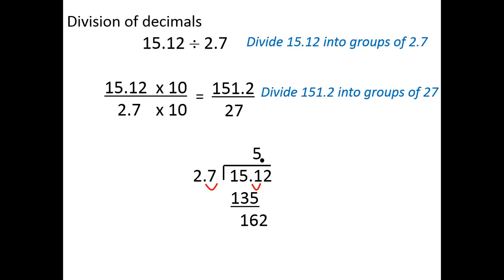And when we do our division, we find out that we have a quotient of 5.6. So if we were to divide 151 and 2/10ths into groups that each contain 27, we would have 5 and 6/10ths groups. Remember, that's exactly the same quotient as taking 15 and 12/100ths and dividing it by 2 and 7/10ths.